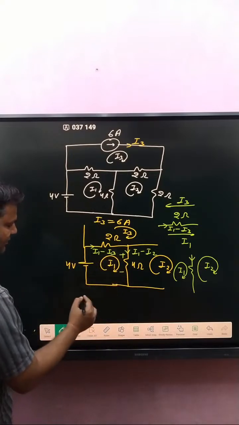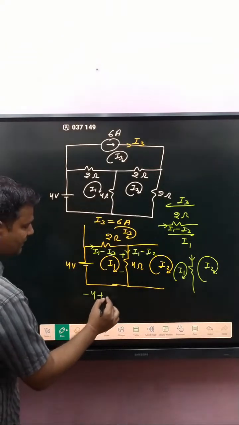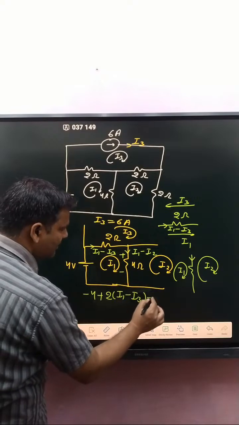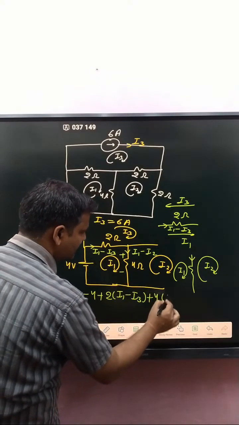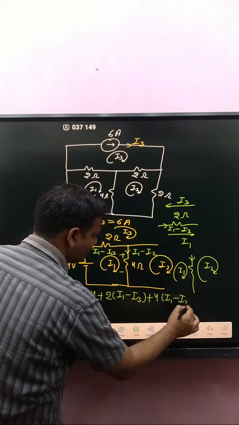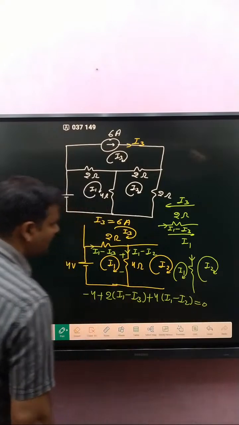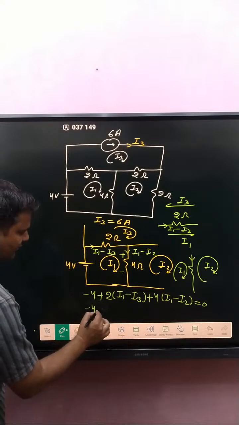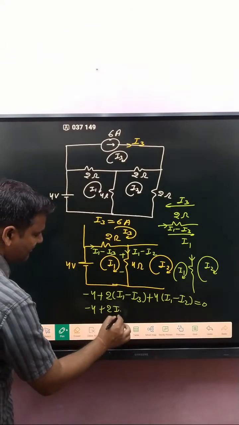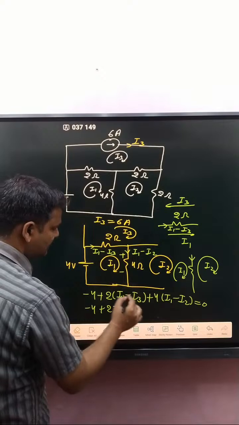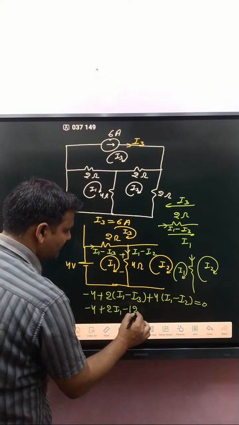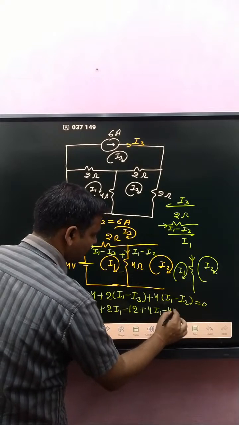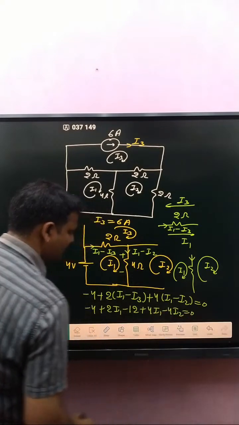Apply KVL in this loop: minus 4 volt, plus 2 into I1 minus I3, plus 4 times I1 minus I2, is equal to 0. And I3 is 6. So put here minus 4 plus 2 times I1 and 6 into 2, that is 12, minus 12 plus 4 I1 minus 4 I2 is equal to 0.